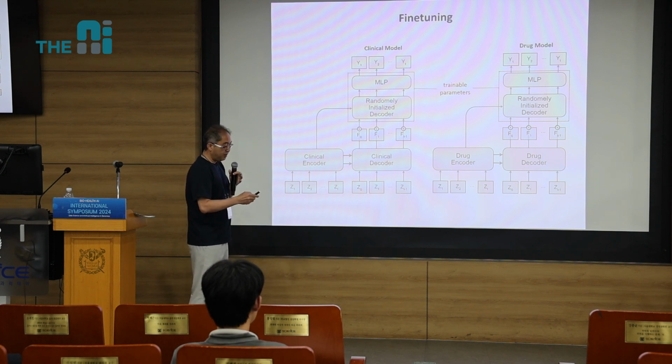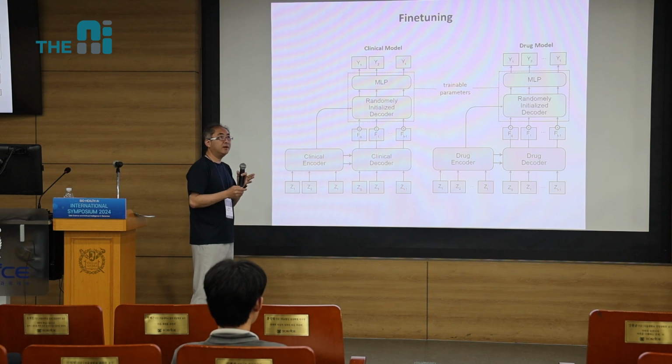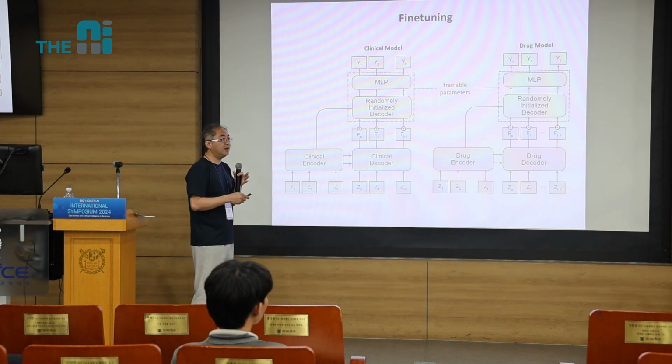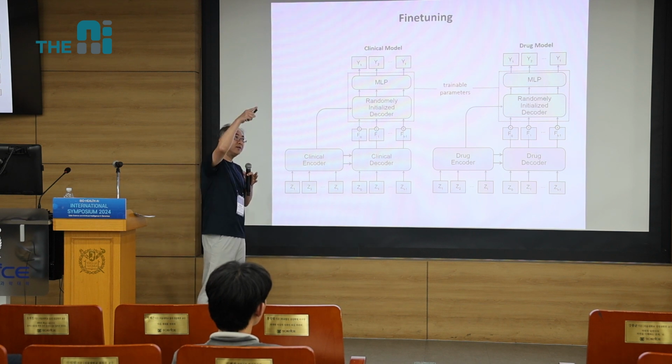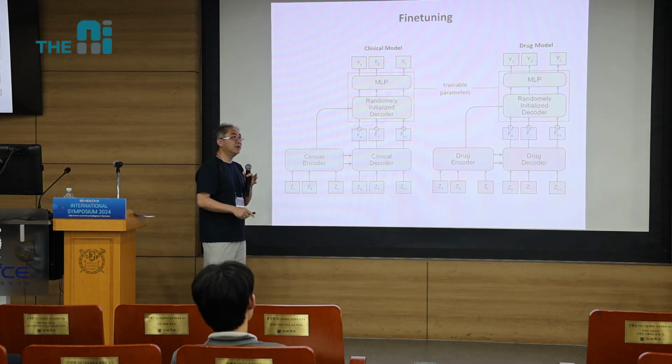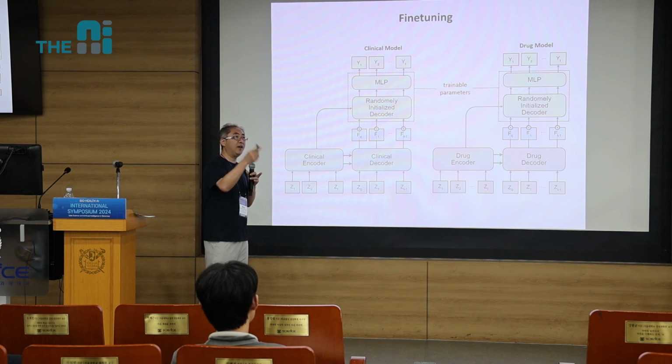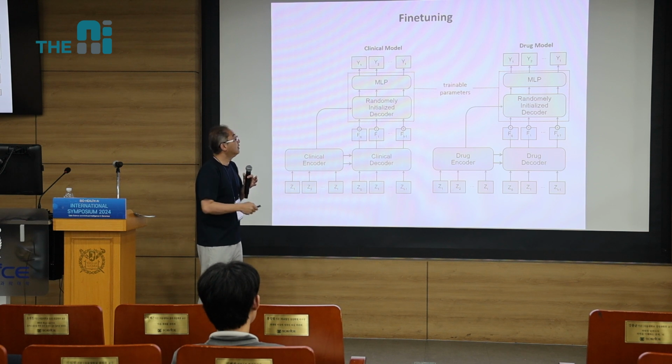We developed separate transformer pre-training and fine-tuning models for clinical data, which is mostly continuous data, and for drug administration data. We had about 20 different drugs. If a particular patient at this time point used drug A, then we did one-hot encoding as the data representation for this drug model.